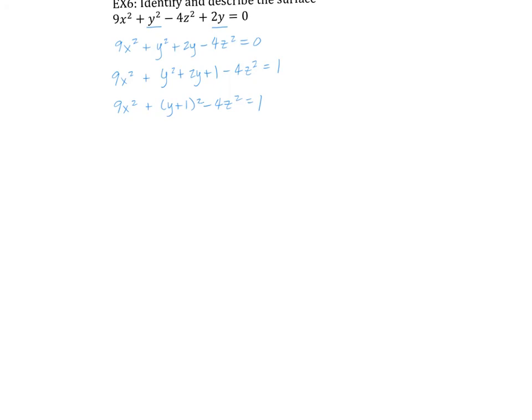I'm going to divide top and bottom by 9 to get x squared over 1/9 plus y plus 1 squared over 1 minus z squared over 1/4 equal to 1. So this is an x squared over a squared plus y squared over b squared minus z squared over c squared equal to 1.